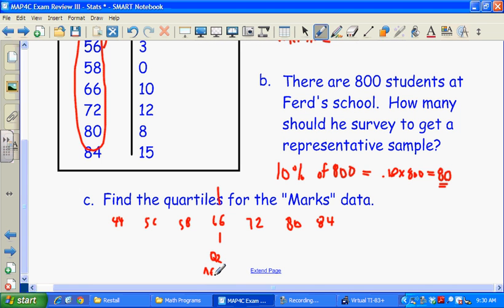It's also called the median, right? The middle piece of data. And then we find the median of the first half of the data. So if I cover up this second half of the data, including the median, there's Q1 right there. That's the first quartile. And then I cover up the first half of the data and I do the median of the second half of the data, there's Q3.